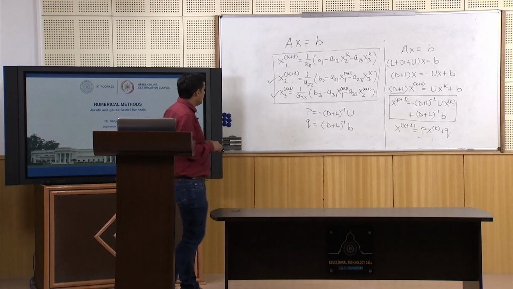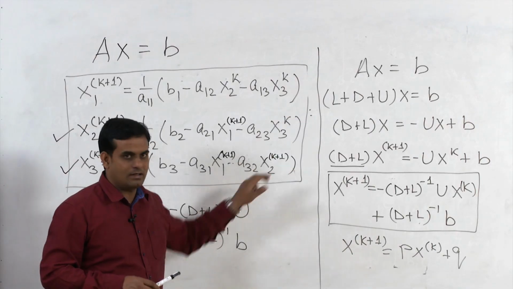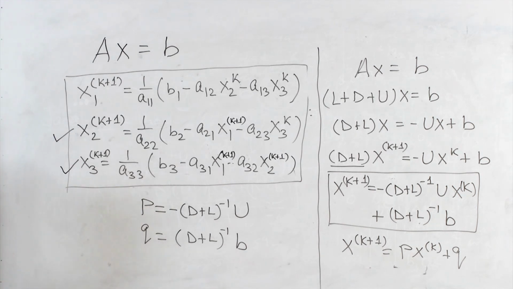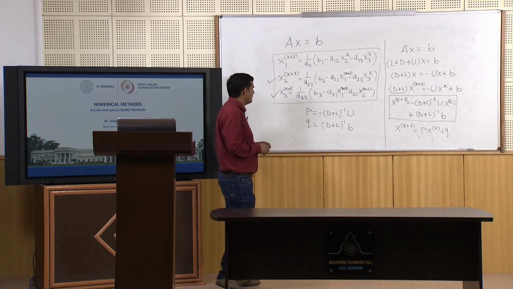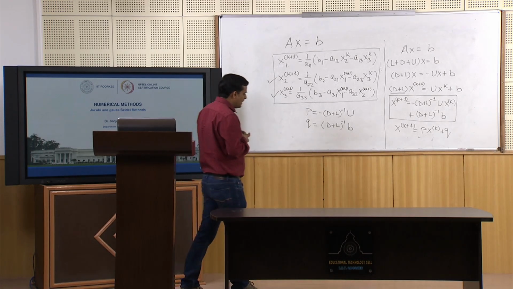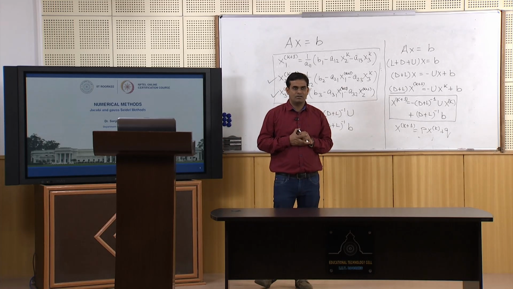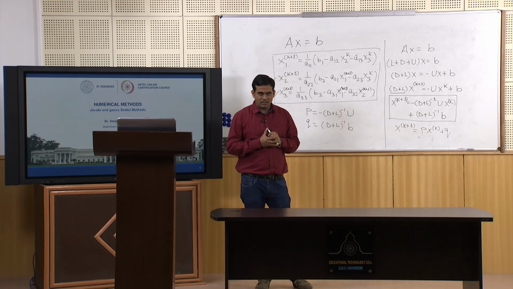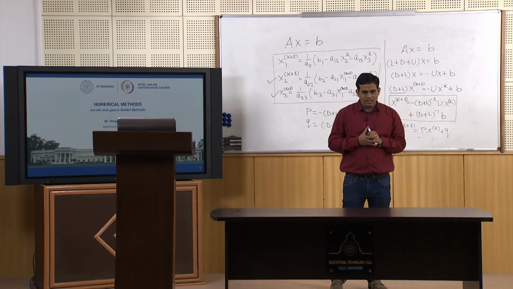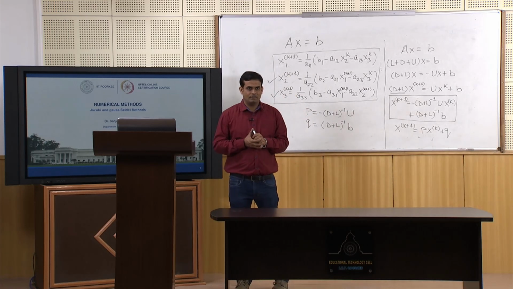Hence, the claim we made, that by using these two updates the Gauss Seidel method will be faster than the Jacobi method, is verified by this example. In this lecture we discussed two iterative schemes for solving linear systems of equations, and we have seen that the latter one is quite faster than the earlier one.